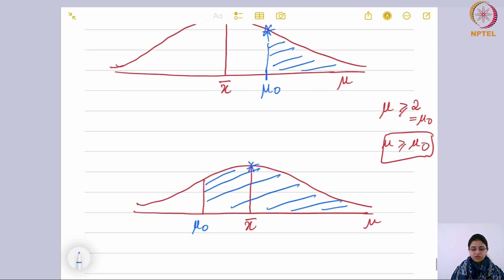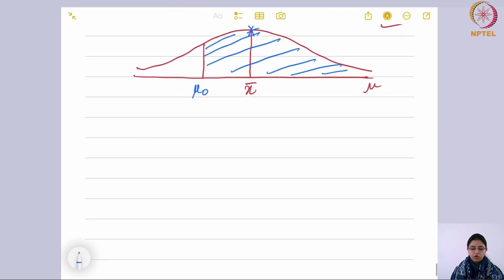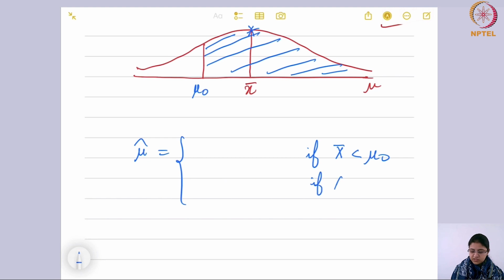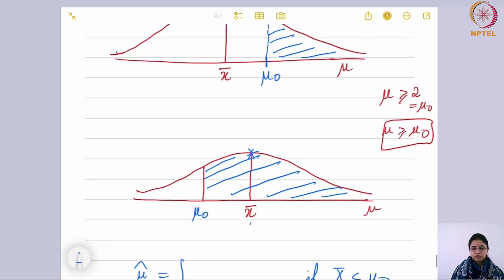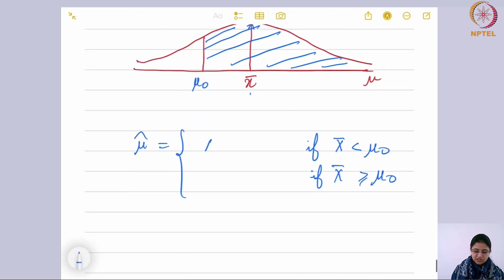Okay, so if you want to summarize this, what will be your estimator for mu? mu hat would depend upon whether x bar is less than mu naught or x bar is greater than or equal to mu naught. When x bar is greater than mu naught, the sample mean would be the answer.